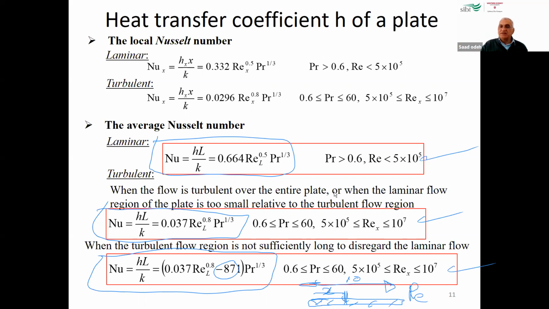Even after 10 meters, you still have laminar flow. It means that the whole plate has laminar flow, correct? Because you are taking the highest length. How do you know laminar or turbulent? You need to refer to Reynolds number, Re, correct?